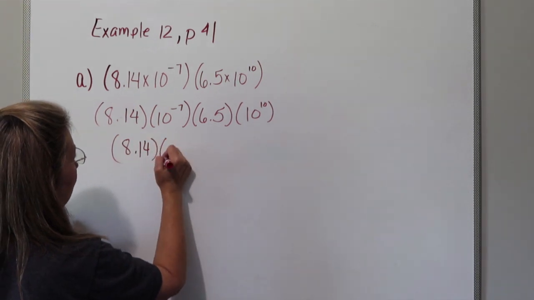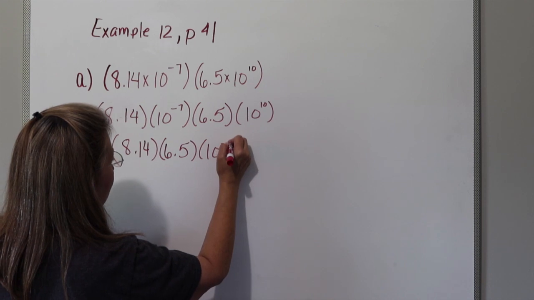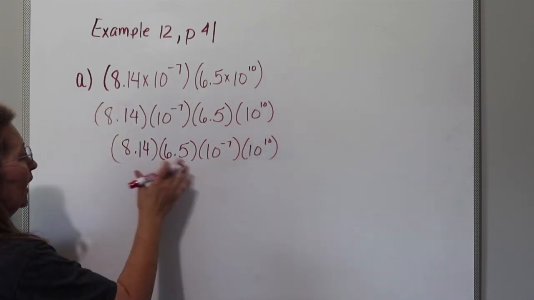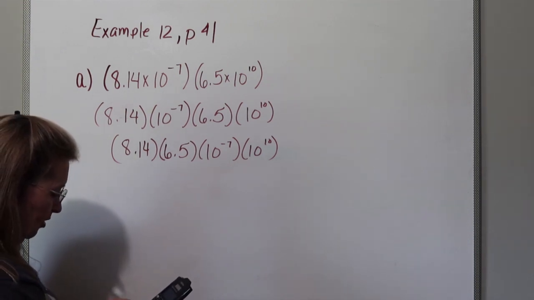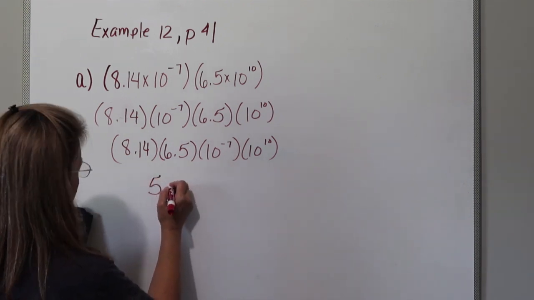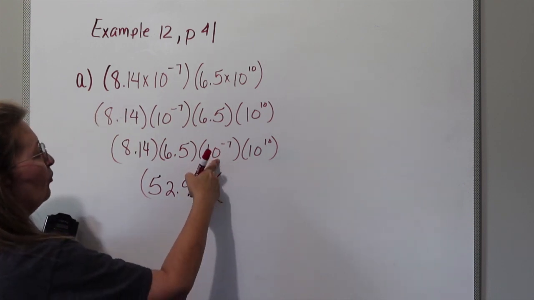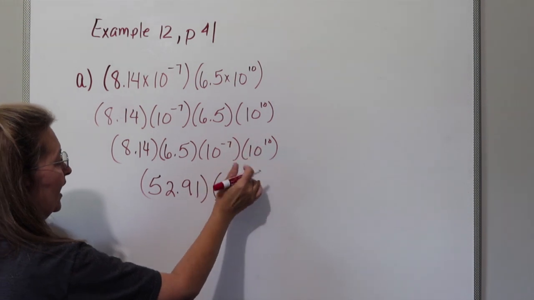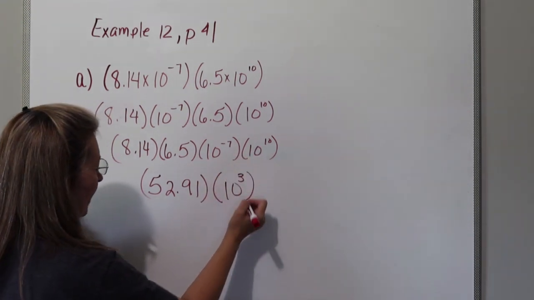Now I'm going to put 8.14 times 6.5, and then 10 to the negative 7 times 10 to the 10. Okay, 8.14 times 6.5, that's a calculator problem. And I get 52.91. Now, what is 10 to the negative 7 times 10 to the 10th? Matching bases, add your exponents, so you get 10 to the 3rd power.